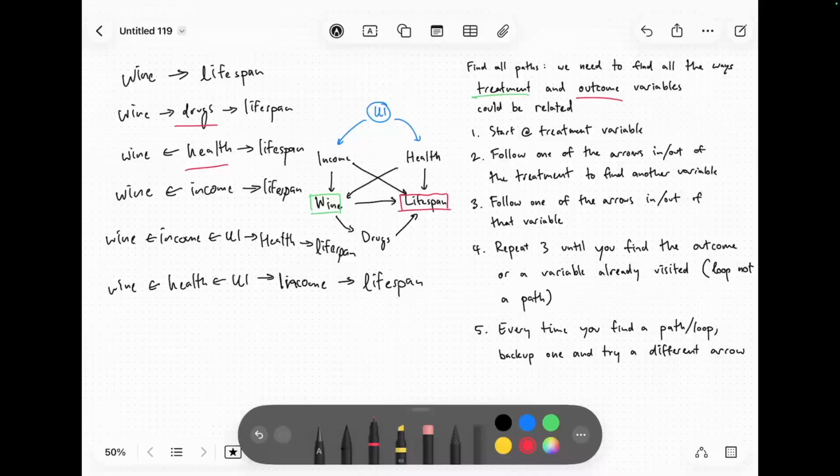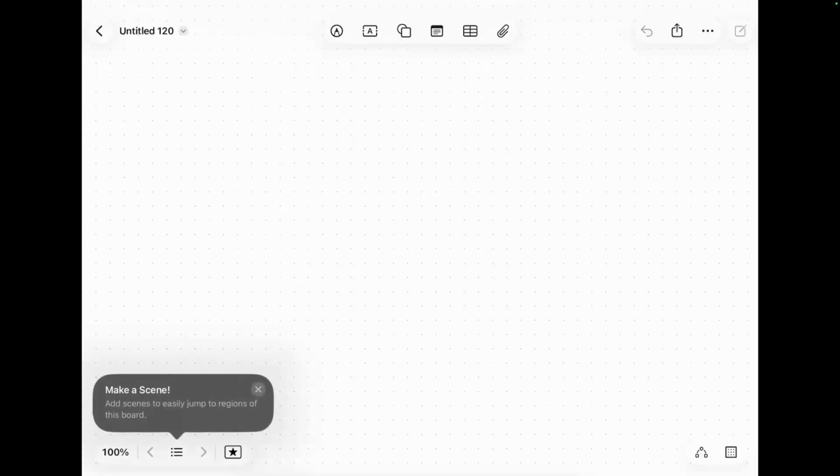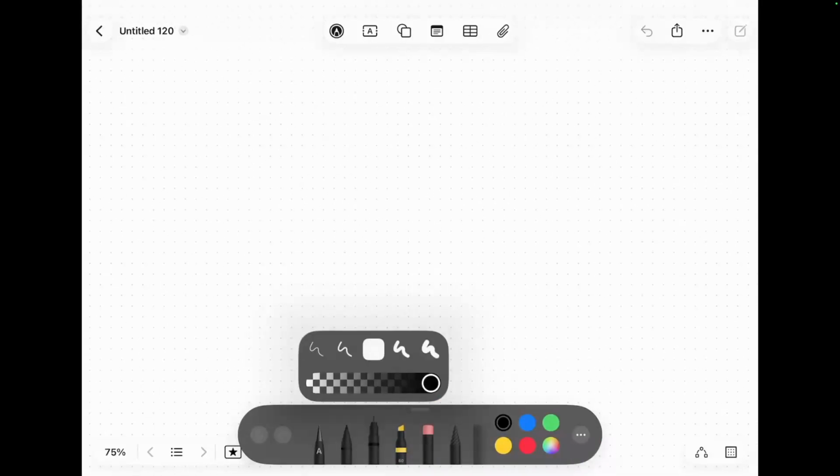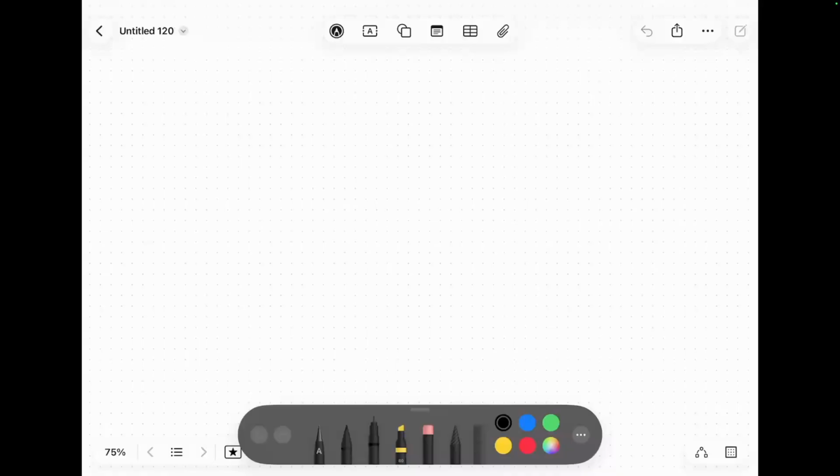Let's talk about the path types. And this is going to start getting us closer to how we think about closing paths. So, a good path.